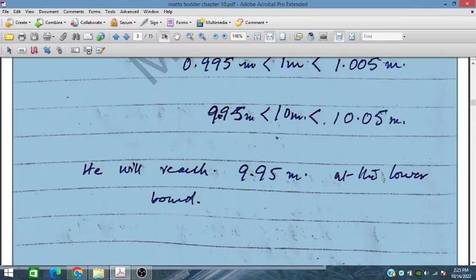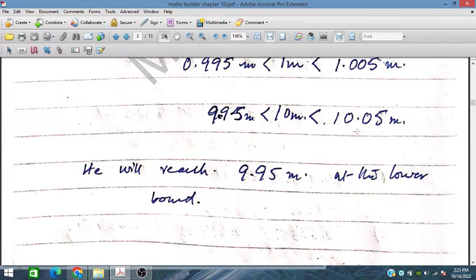But it could reach up to this level if every pole is reaching towards the upper bound side, then we may reach this value as well. But this is the lowest possible value that we will definitely reach.